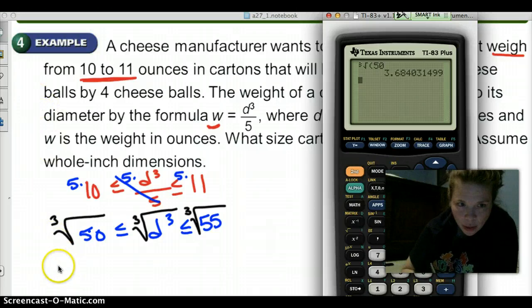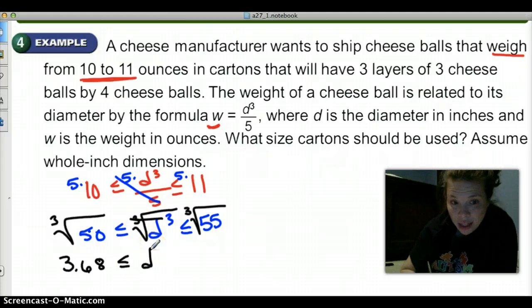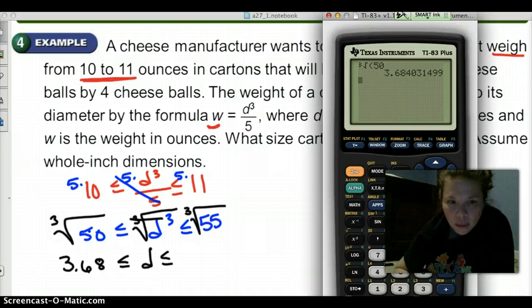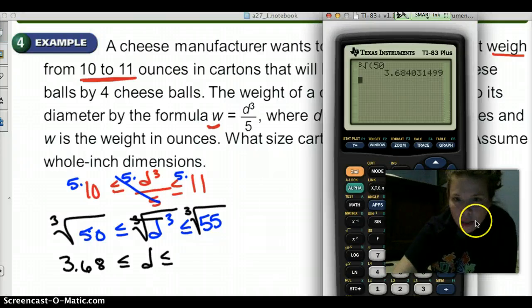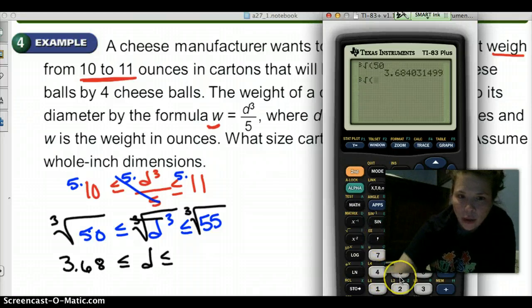So putting this down here, we have 3.68. Cubic root of a cube is just D, less than or equal to, wrong trackpad. Okay, that one doesn't work. Cubic root was number 4, and then we have 55, hit enter, and we've got 3.8.